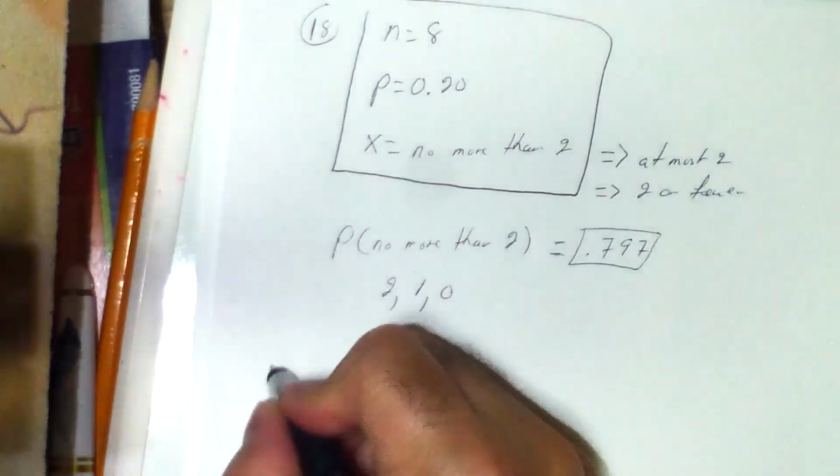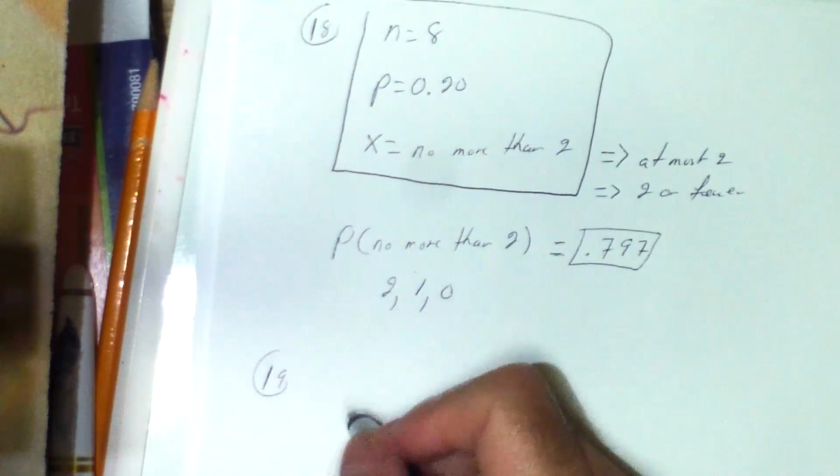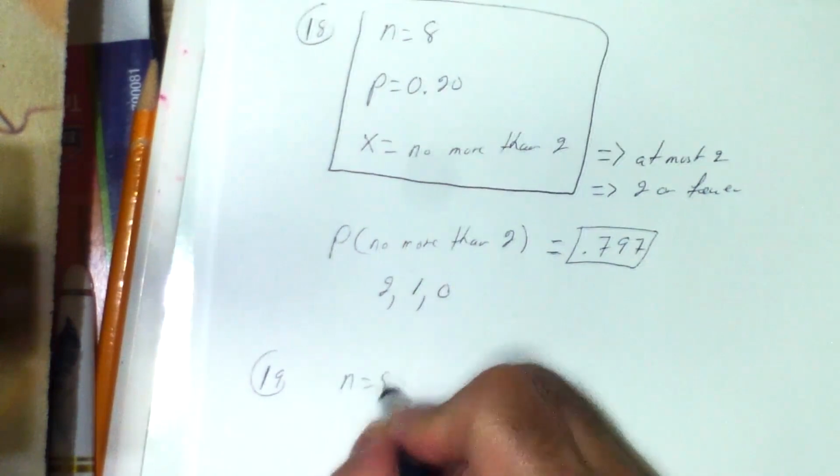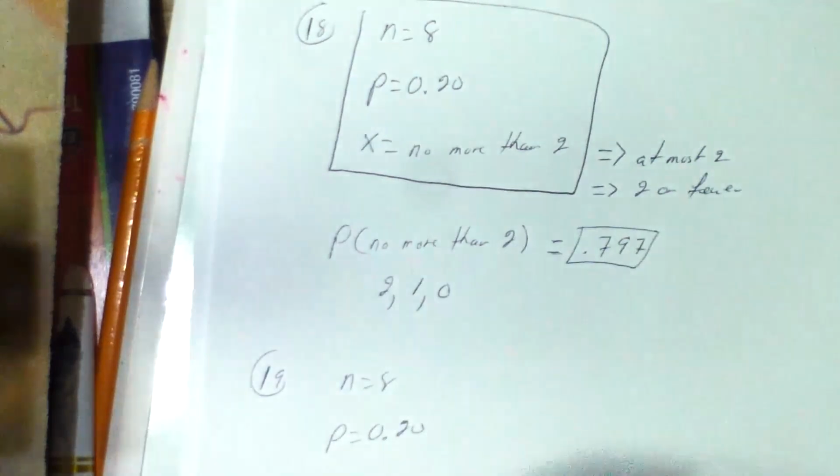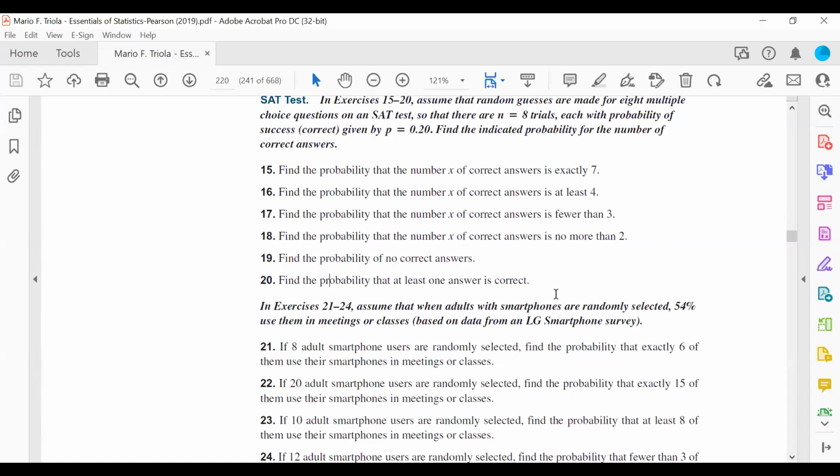All right, number 19. So n is still 8, p is 0.20. And let's see what our x value is for number 19. My x is no correct answers.